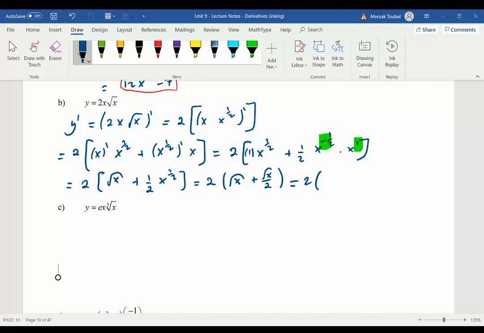So this is going to be 2 times square root of x plus square root of x over 2. And then the 2 crosses out with the 2. And 2 times square root of x plus square root of x is 3 times square root of x.